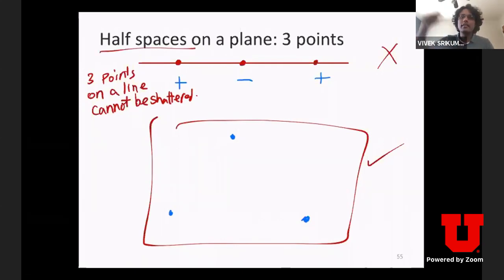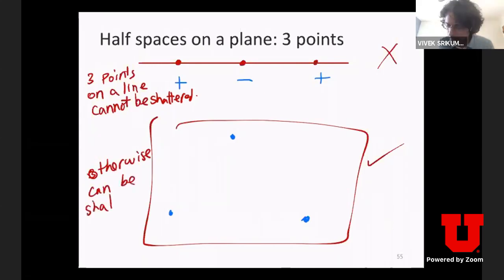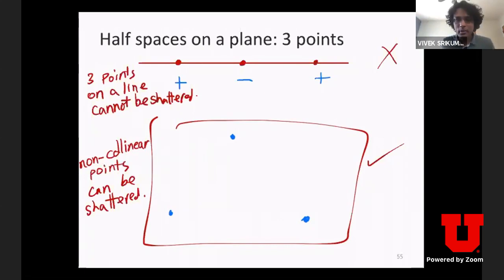I mean, a line divides the space into two halves. 3 points otherwise, so apparently it's two L's. Okay, so that's useful. So let me then make use of my newfound knowledge. Non-collinear points can be shattered.